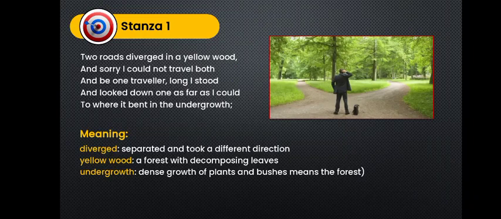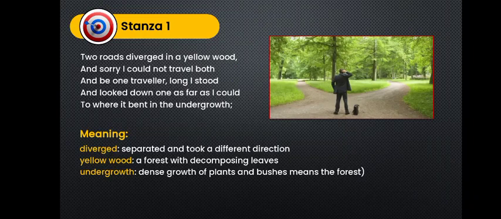And in the second line, he says, "Sorry, I could not travel both." This means, as we all know, that a single person cannot travel both roads at the same time. So he was a little bit confused about which road he should choose.